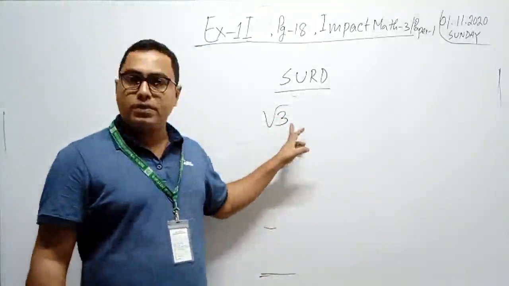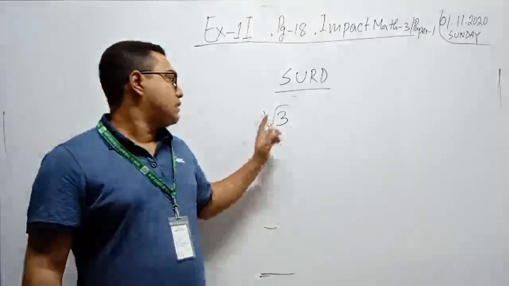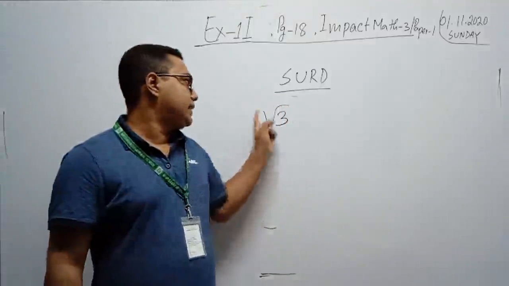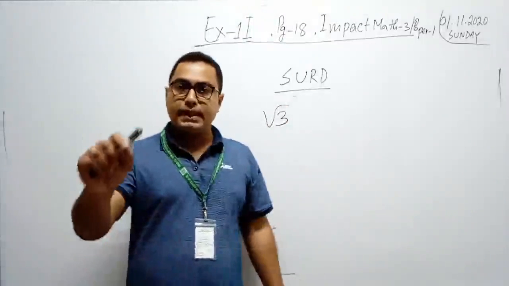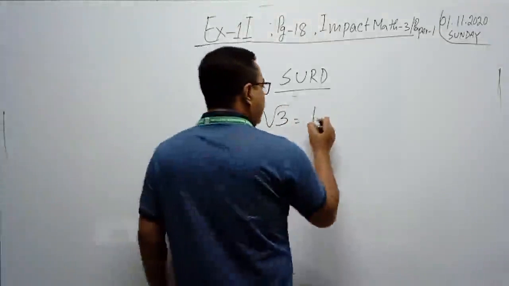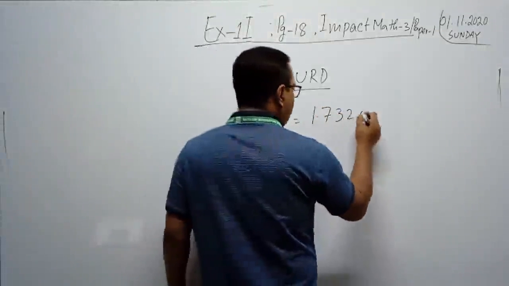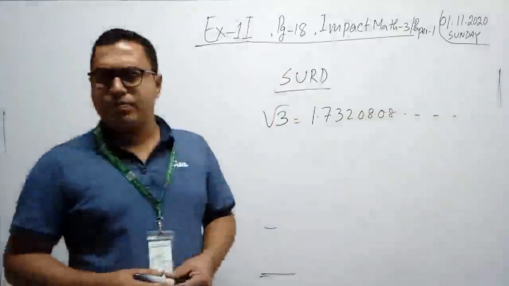Square root of 3, if you represent it in decimal place, suppose using the calculator you are finding a number, look, you will get 1.732 0, something like this.